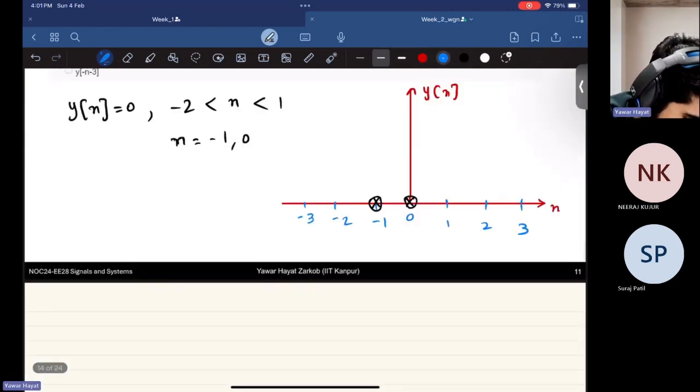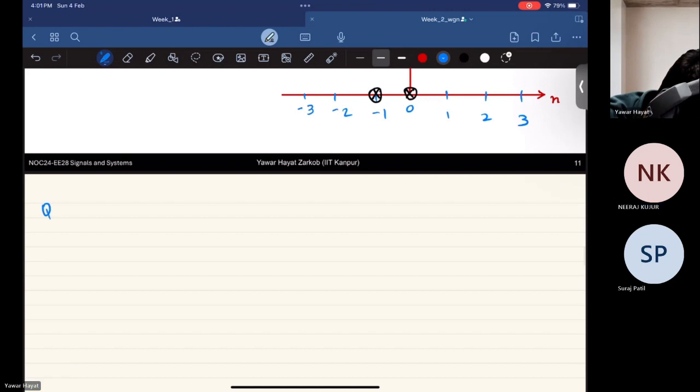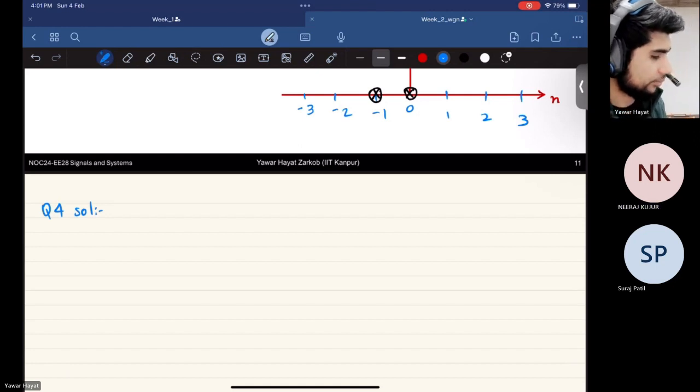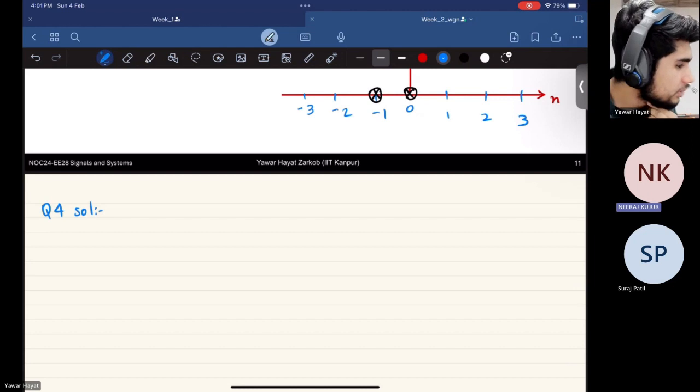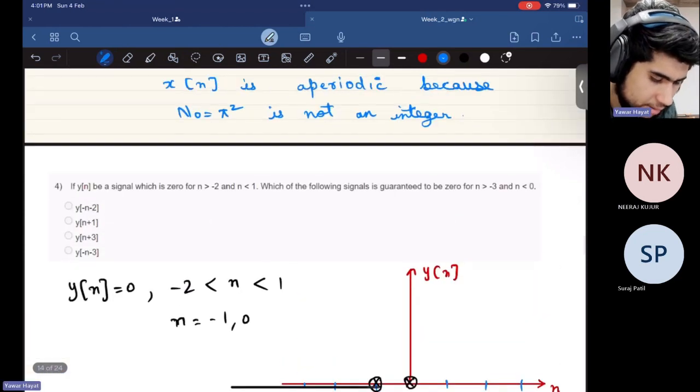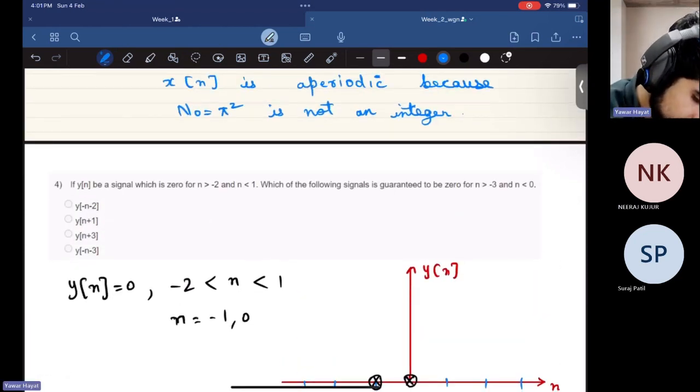This is question 4. And what is the signal that we need?